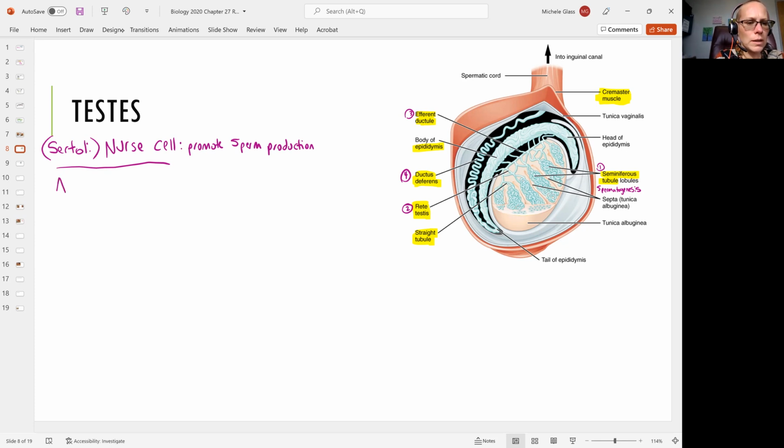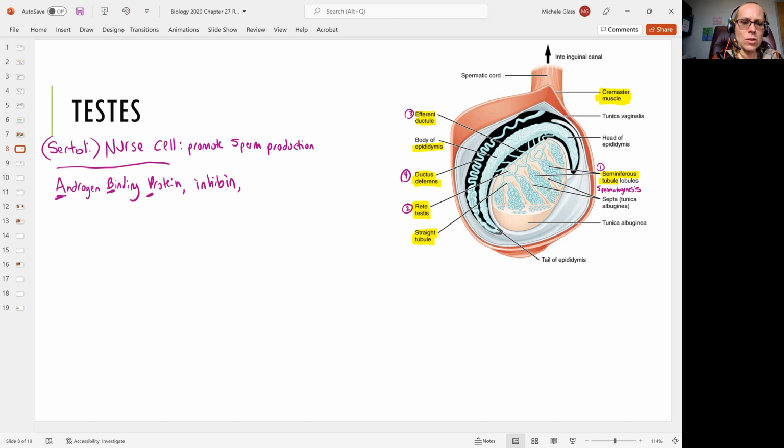So we have one that's called androgen binding protein, which we're going to talk more about in the future. So that's ABP for short. We're going to see production of the hormone called inhibin, which we're going to talk about more in the future. It's part of the negative feedback mechanism controlling the whole reproductive system.